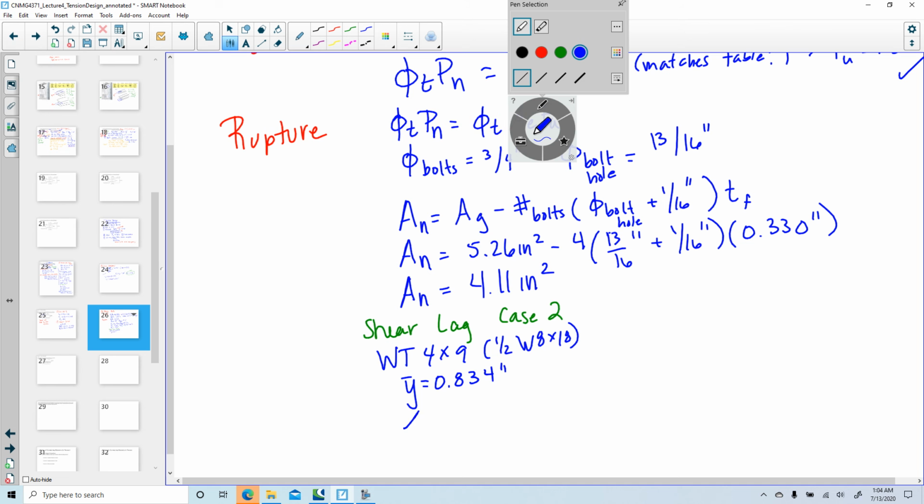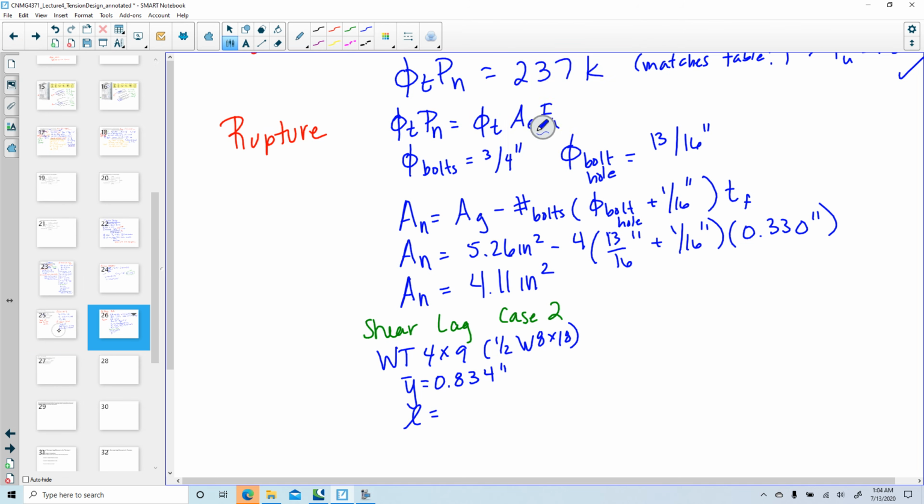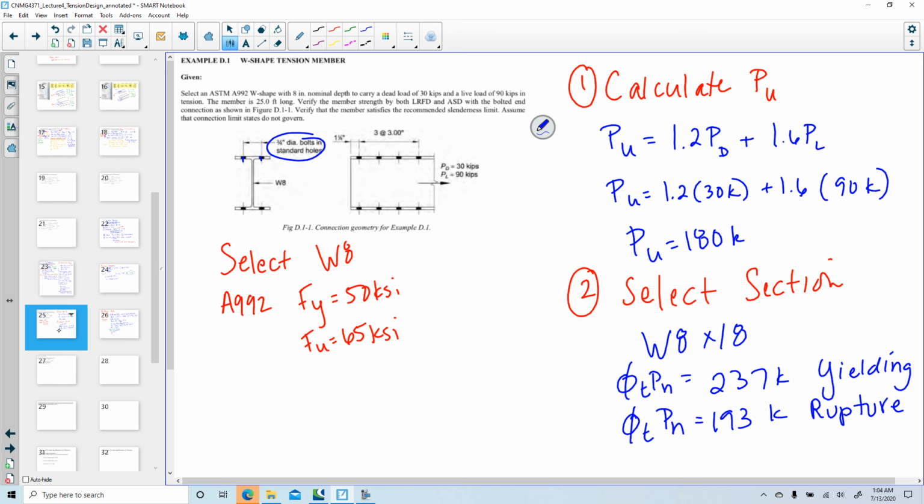And my length of my connection is 3 times 3 inches, so it's 9 inches.